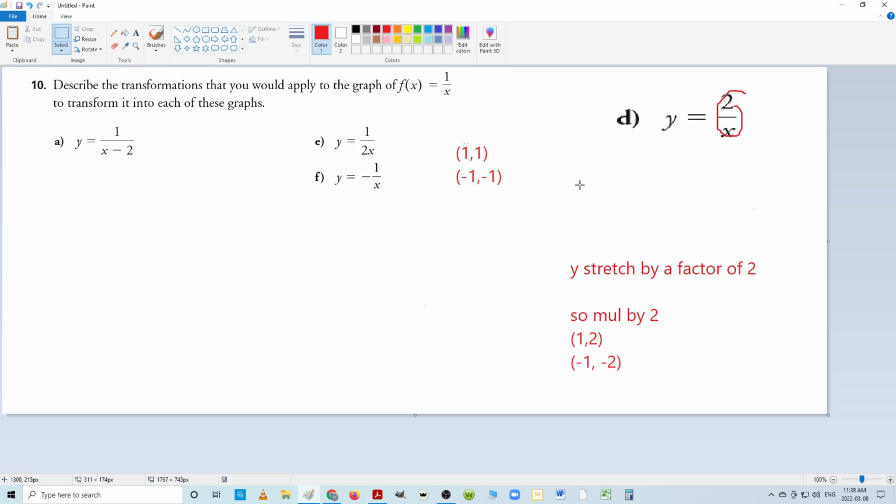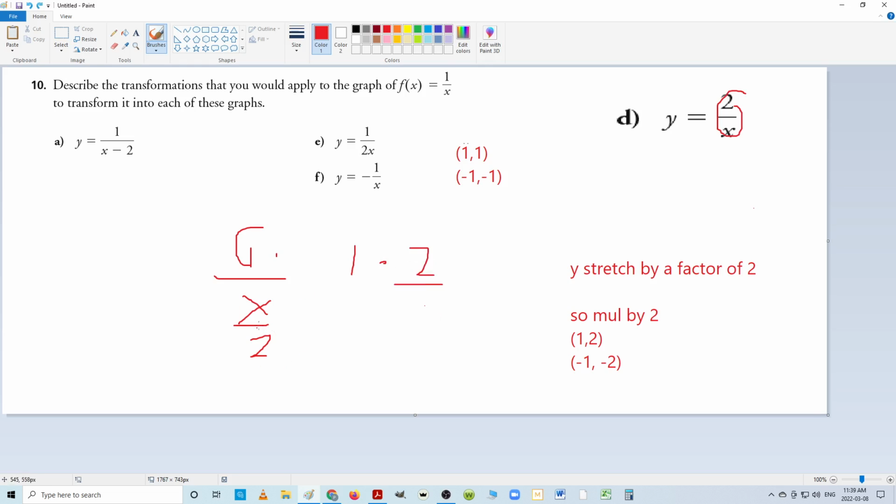Now, technically, really technically, and I don't want to get too confusing, if I have 1 over x, and I take the x down here, and I multiply it by a half, it becomes x over 2. And then if I do this, 1 over 1 divided by this fraction, it also becomes 1 over times 2 over x.